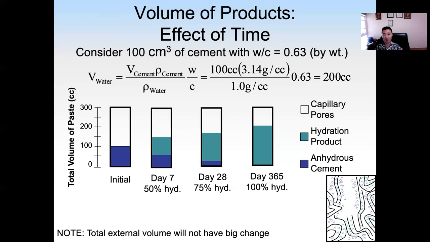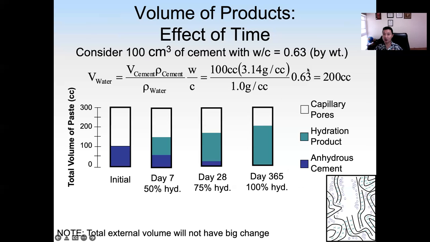Remember, the unconsumed water will eventually evaporate. At day 28, we have 75% of hydration. And after 1 year, we have 100% of hydration. At that time, we have no unhydrated cement.